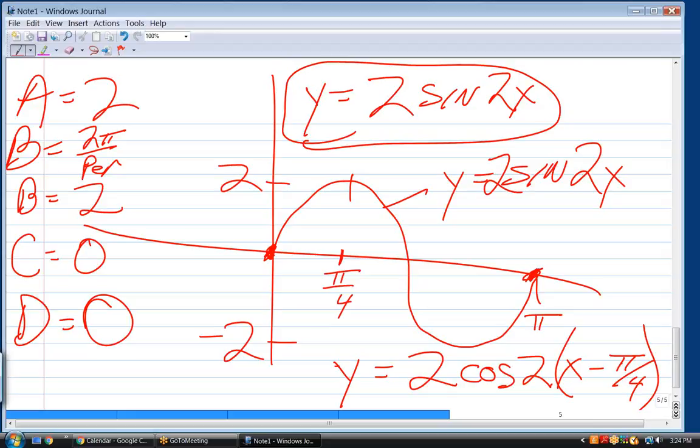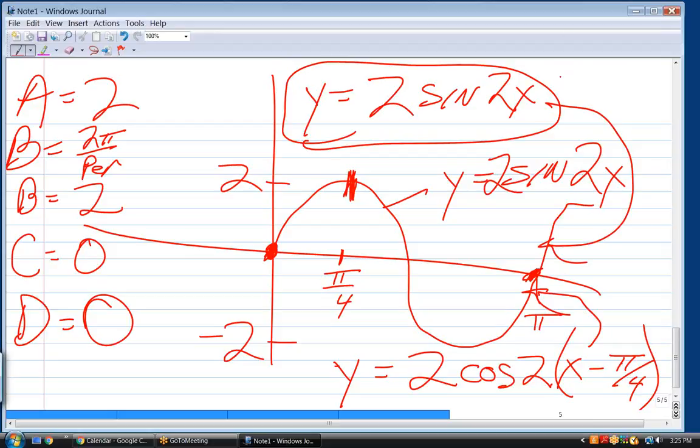If I were to take the cosine curve and move it pi over 4 to the right, this is exactly what it would look like. It would start there, it would end up there, and then when you draw the rest of it, it's going to go through there. So when you talk about sinusoid functions, there are literally an infinite number of functions that fit the same graph. Just like this graph is described by that function, but it's also exactly described by that function.